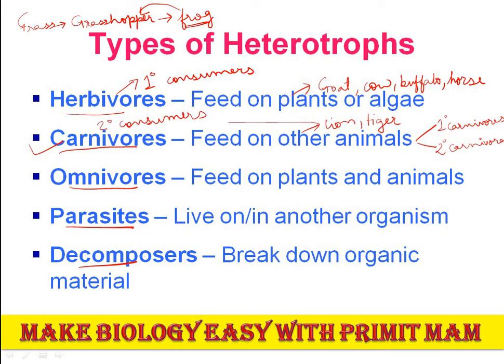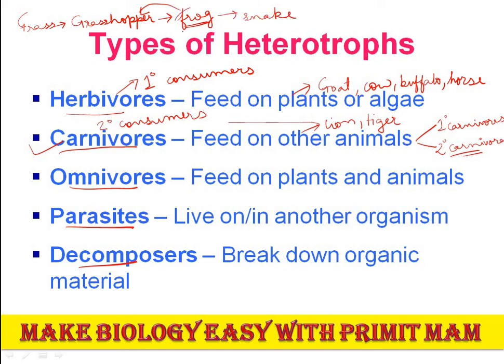Next, secondary carnivores are the animals which feed on primary carnivores. For example, lion, tiger, sharks, wolves, etc. Again, if we take the example of this food chain where grass is eaten up by grasshopper, grasshopper is eaten up by frog, and frog is eaten up by snake.